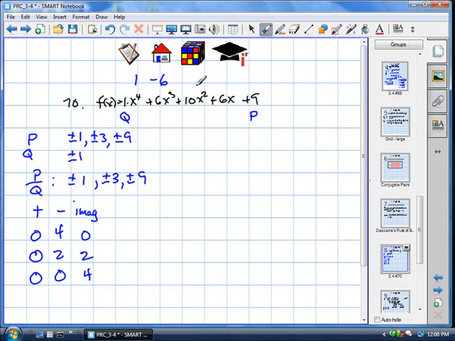Negative 1 squared is positive 1 times 10 is 10. Negative 1 times 6 is minus 6. And what do I get? I get a negative 12 and a positive what? 20? So no go. So negative 1 doesn't work. All right. Let's try negative 3.